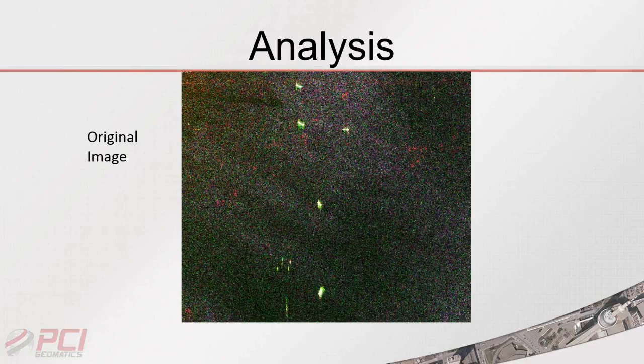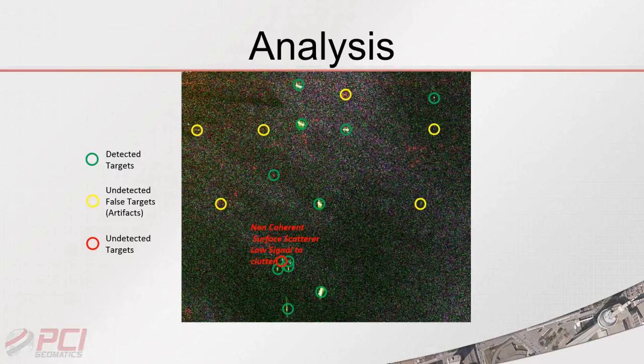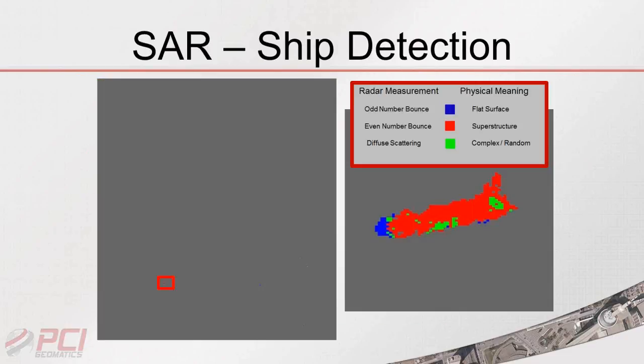So here we have the detected image with the ships identified and some of the ones that were rejected as a result of them being artifacts or a result of sea state or something that isn't really a ship that could be eliminated. We can also get polarimetric information on the structure of the ship.